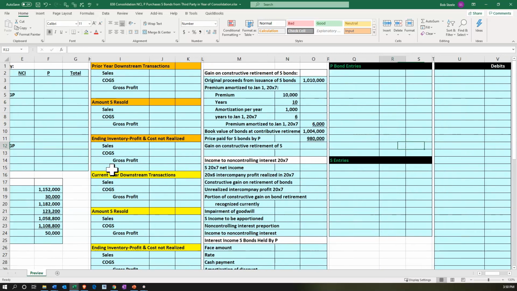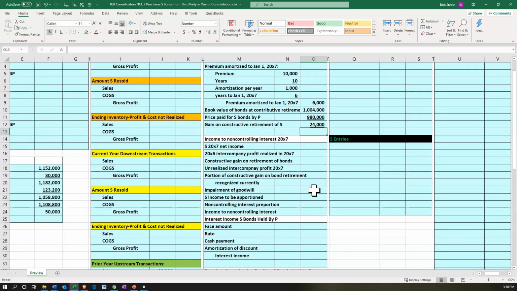That means there's a difference of the values at this point in time, which we're going to call this gain on constructive retirement of S, that 24,000. When we reconcile this intercompany kind of thing, we're going to have to deal with that 24,000 difference, which happened in the current year because the purchase of the bonds from a third party by P that were originally issued from S happened in the current year.